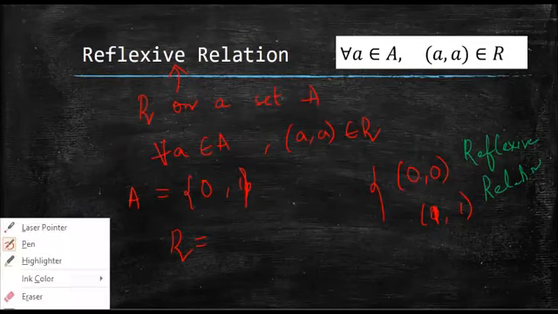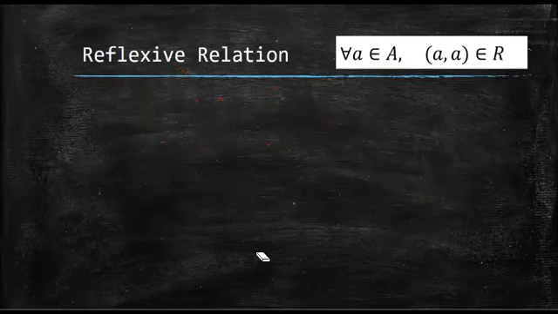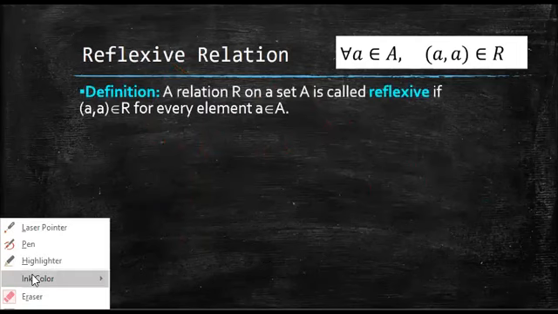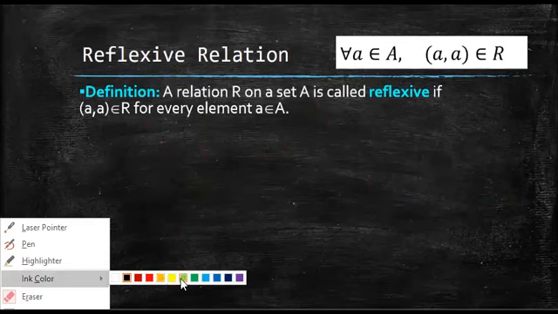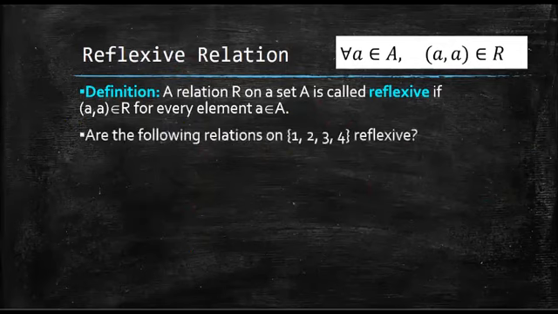Now let's see the definition and example. A relation R on a set A is called reflexive if for every element A belonging to A, A comma A belongs to R. Now we are supposed to check a few relations. Are the following relations on the set 1, 2, 3, 4 reflexive?